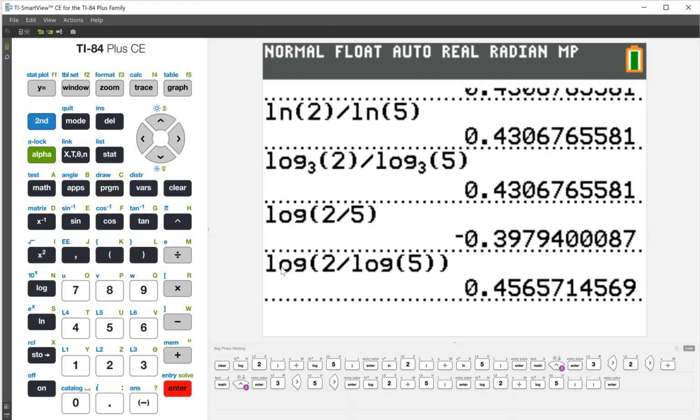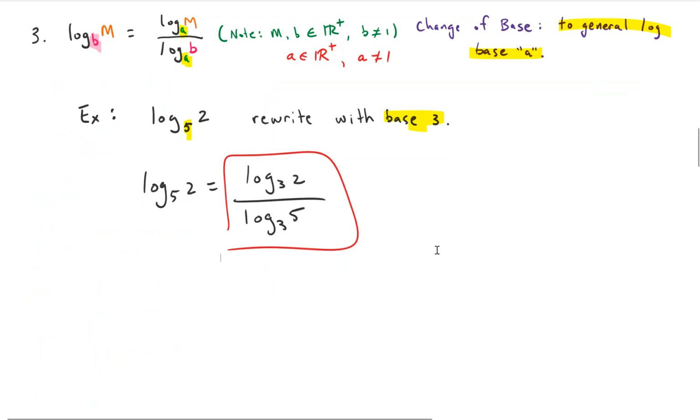We need to make sure that we are closing the parenthesis after the first 2, because that will tell the calculator that we've ended what is going into the log, and it'll calculate what we think it's going to calculate. So just keep an eye out for that, because it's a very common issue. So again, this was about 0.431. And that's it.